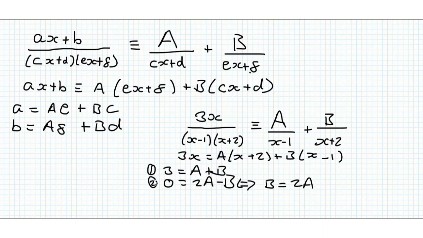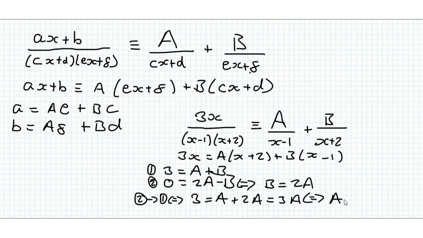So substituting equation 2 into equation 1 gives us that 3 is equal to A plus B, which is 2A, so A plus 2A is equal to 3A, which implies A is equal to 1, which then implies B is equal to 2.